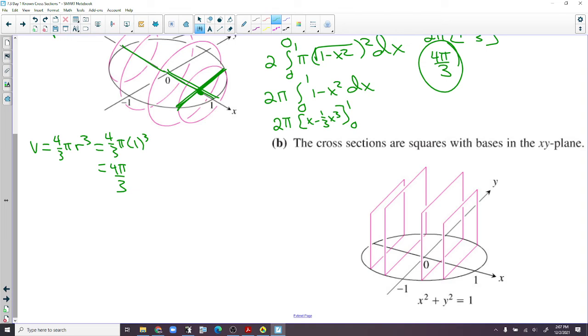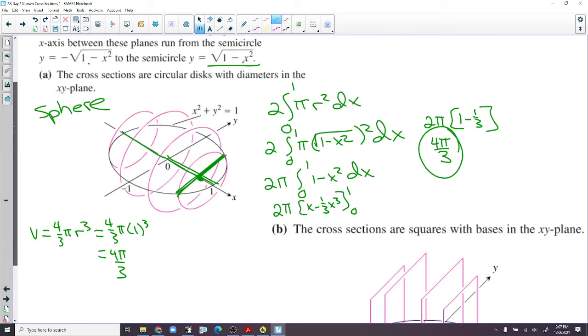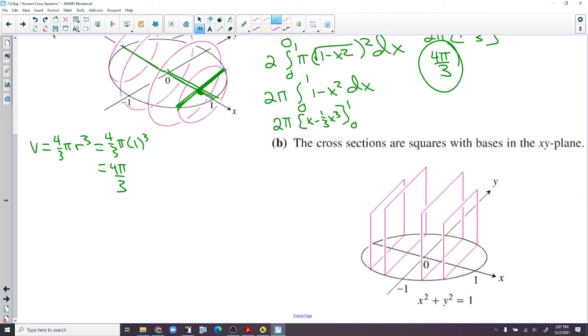How about the cross sections are squares with bases in the xy plane? Just find the area. Can you do that? Don't integrate it. What would the area be? What would the cross-sectional area be?